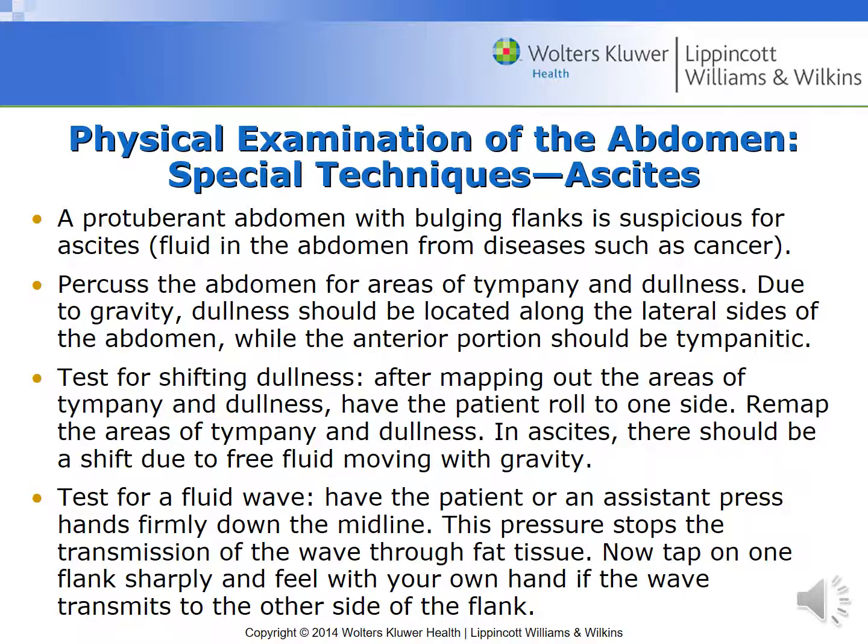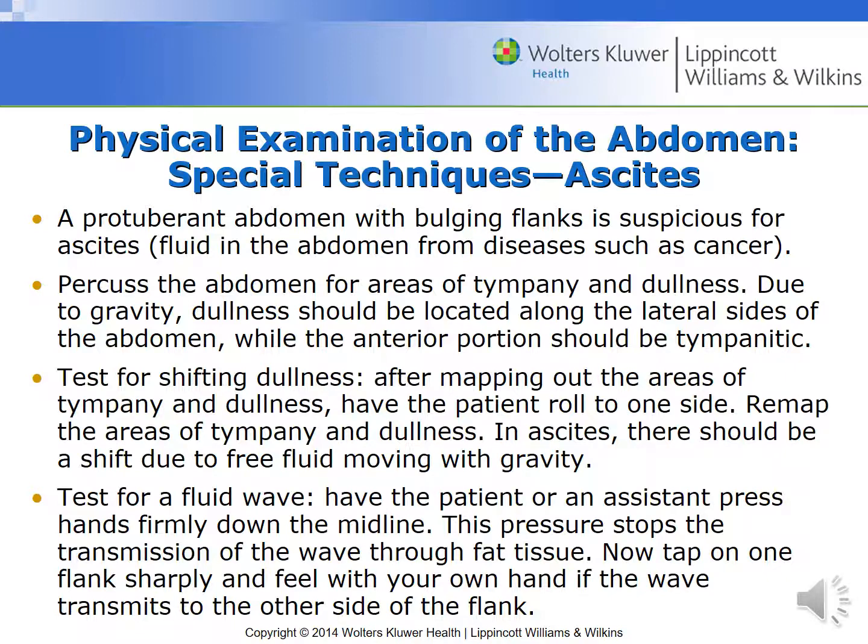If you want to test for the shift in that dullness, after mapping out where the areas of tympany and dullness are, you can have the patient roll to one side. Having them do that, if they have the fluid in ascites, there should be a shift due to the free fluid moving with gravity.